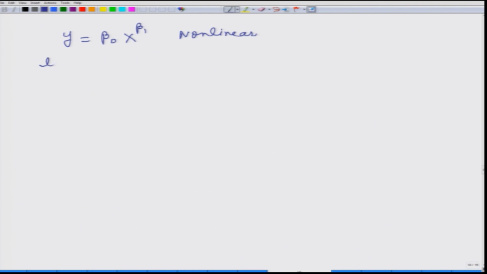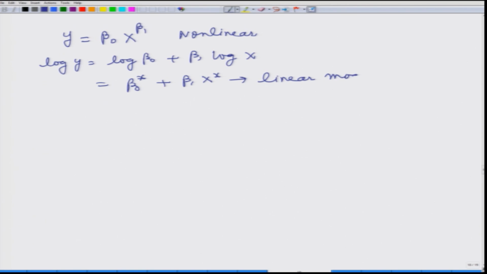But if I take log on both sides, then this becomes log of beta 0 plus beta 1 times log of x. So I can write this as beta 0 star, and this as x star. Although this is essentially a nonlinear model, now we can see that this becomes a linear model.